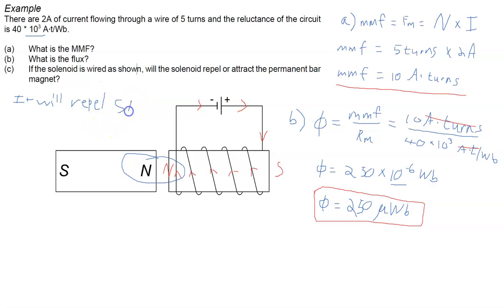And we can go on to say then, since like poles are adjacent, because those two North Poles will push on each other or repel.